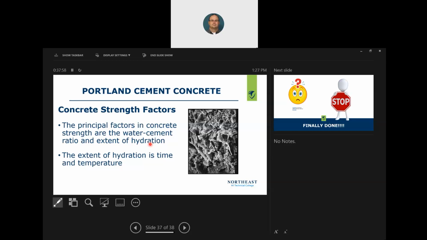Okay. Concrete will cure for a really long time as long as it's hydrated and there's adequate temperature. Okay. And the water cement ratio is low. Between those three, this is the main focus and how our concrete strength will be.